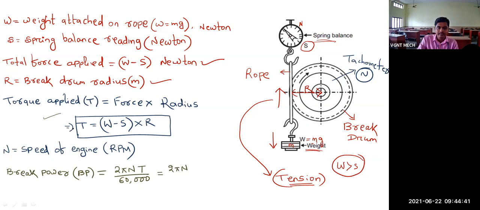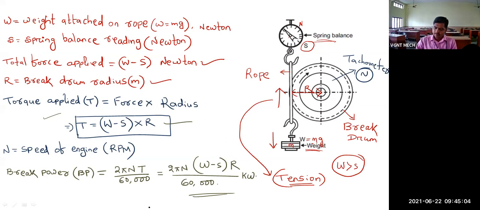What is capital T? Capital T value we got is W minus S into R. So in place of capital T, I can write 2 pi N into W minus S into R divided by 60,000 kilowatts. In this manner, we can calculate the brake power of the engine.